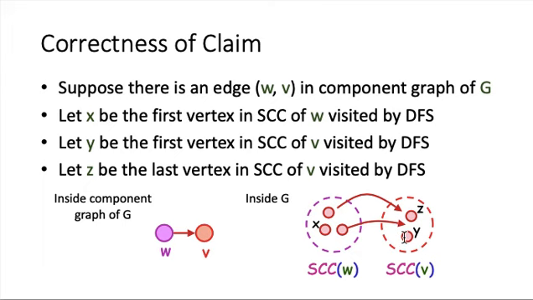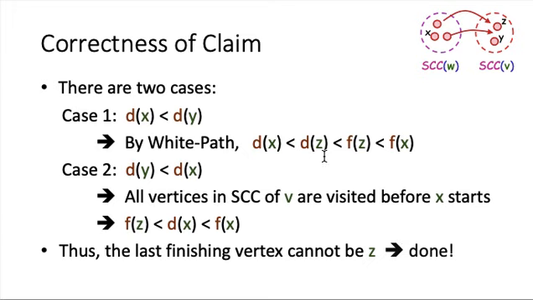So why? Let's see. There are two cases. We have X and we have Y. They both represent the first vertices visited in the corresponding SCC. So if X is visited first, by the time X is visited, all the nodes in the SCC of W are white, and all the vertices in the SCC of V are white.